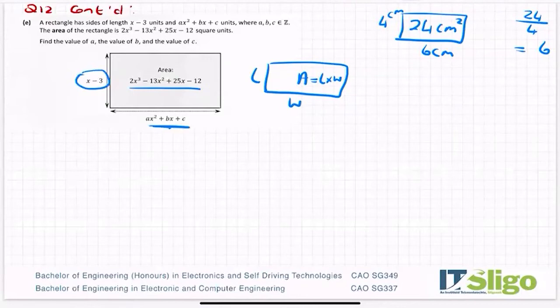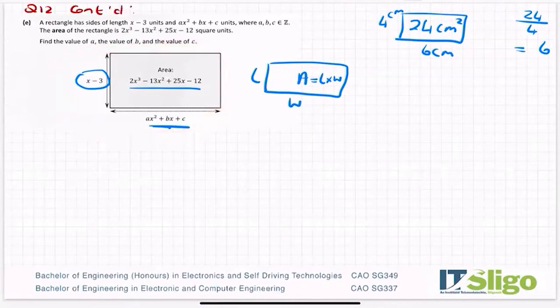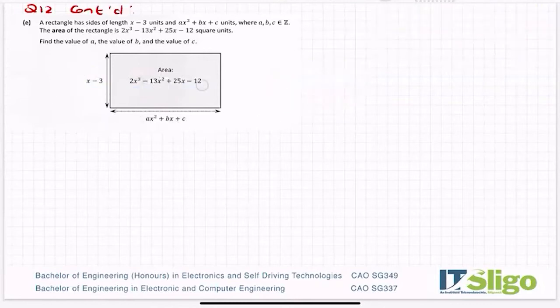So when you're presented in your Junior Cert with a question like this that's a little bit difficult, especially the algebra questions, try and ask yourself, what would I do if it was a normal rectangle with normal numbers? And most times, nearly all times in algebra, you're doing the same thing. So what am I doing?